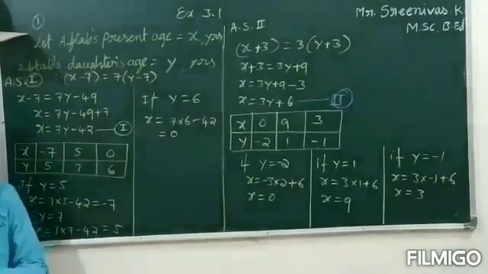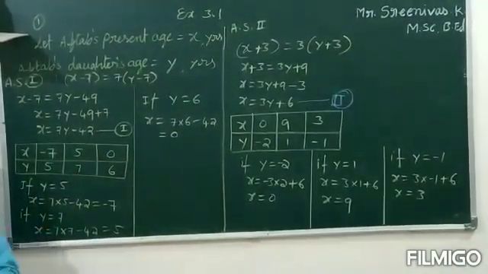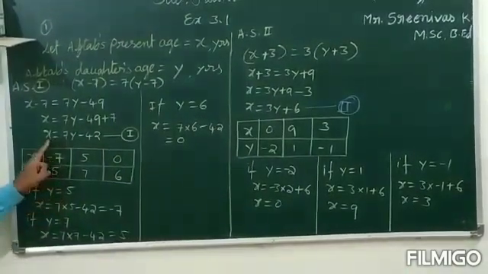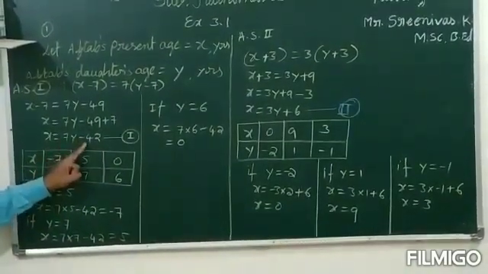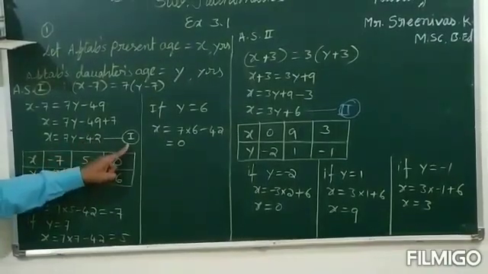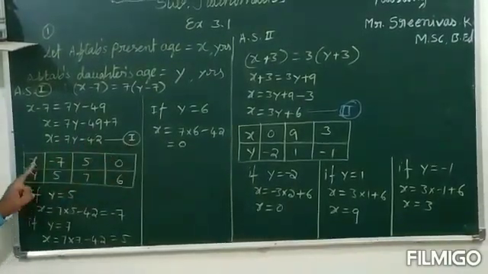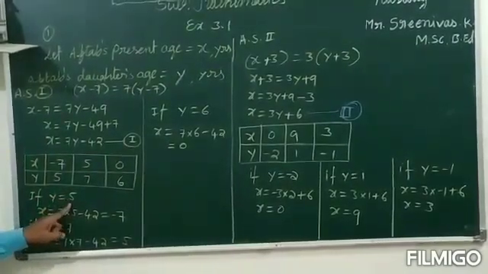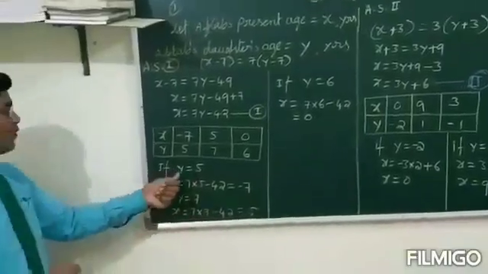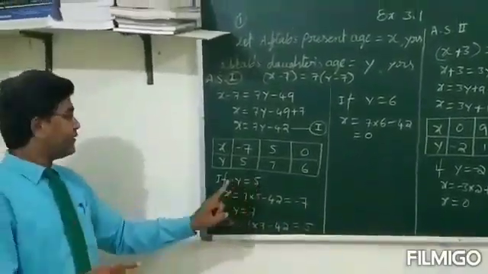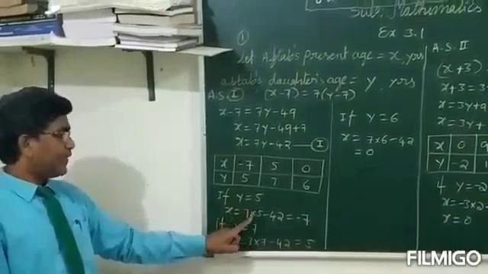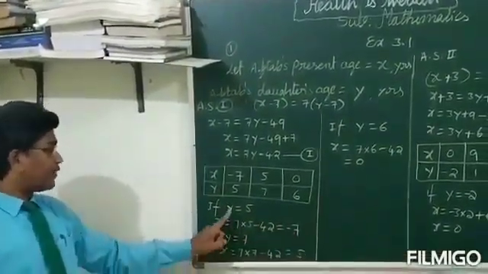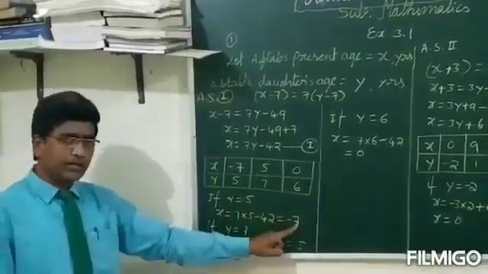So we want to show it in the graphical way. For that we need to find the coordinate points. For that we are making a table here. In this one, x equal to 7y minus 42. Clear? This is equation number 1 from the first part of the question. Here you are taking the values of y to get the values of x. If you take the value of y equal to 5, then x equal to 7 into 5 minus 42 equal to minus 7. I mean for y equal to 5, x equal to minus 7.